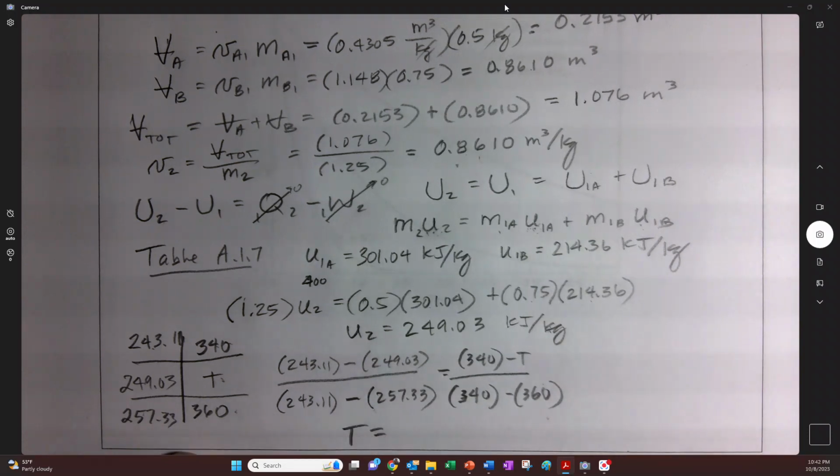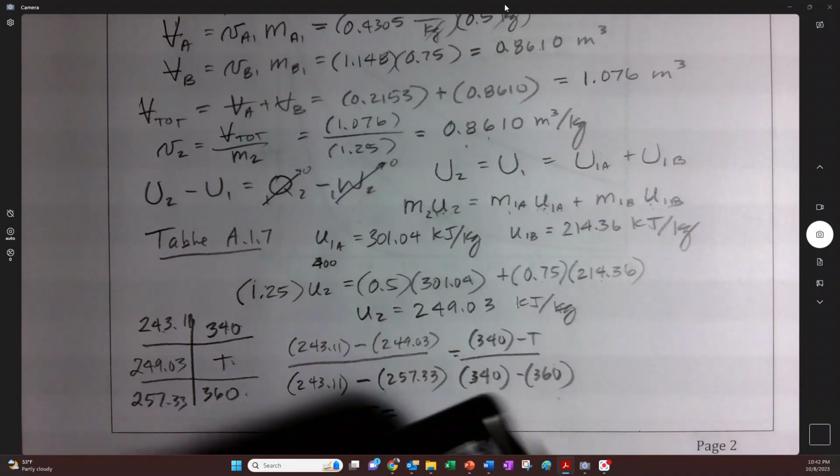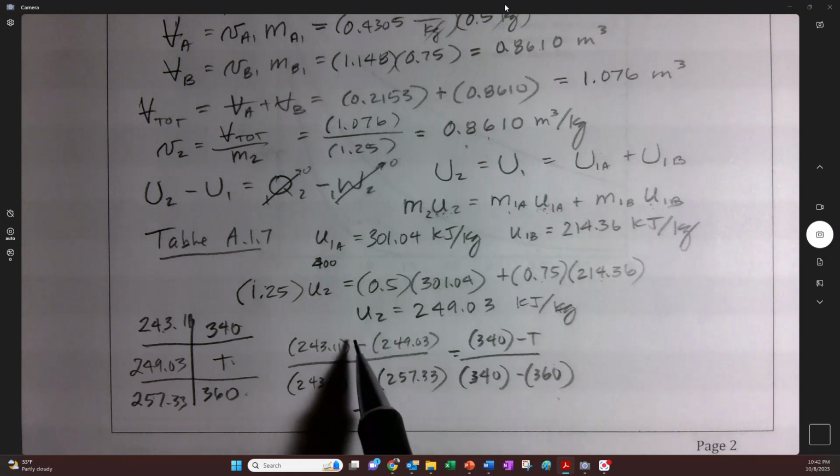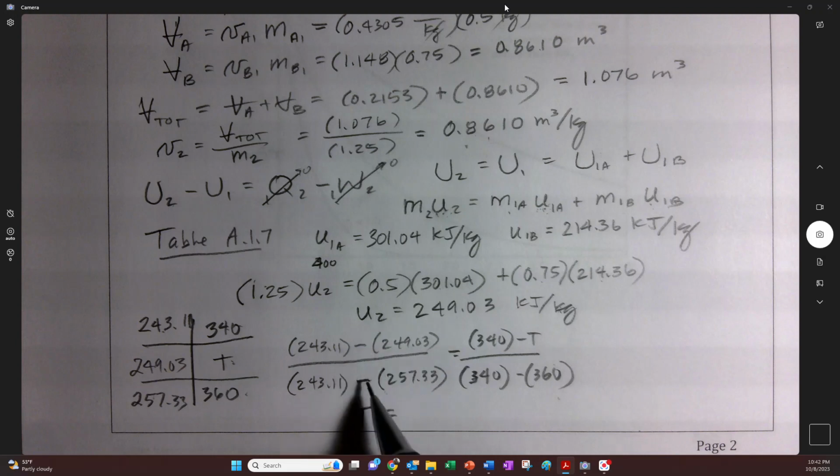So T, it's not terribly fun to do, but it's not really painful, I don't think. All right, so this right here is like 41.6%. We're going to multiply it by basically negative 20.